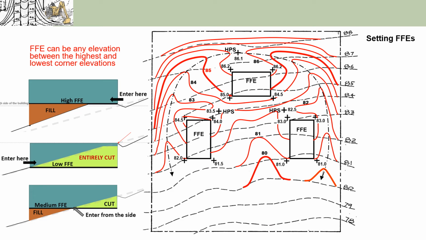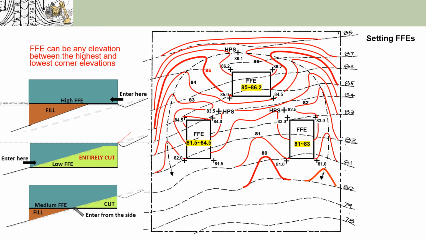For the upper building, your FFE can be set as any elevation between 85 and 86.2. For the left building, any elevation between 81.5 and 84.5. For the right building, any elevation between 81 and 83.